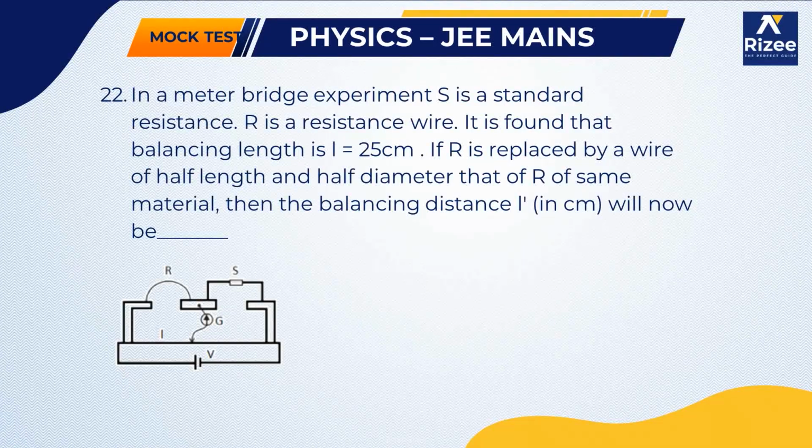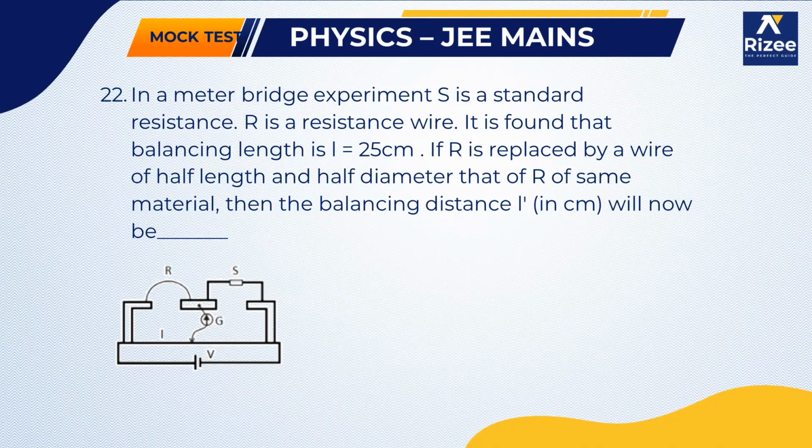Next one, the 22nd question. In a meter bridge experiment, S is a standard resistance, R is a resistance wire. It is found that the balancing length is 25 centimeters. If R is replaced by a wire of half the length and half the diameter of R of the same material, then the balancing point will be how much?